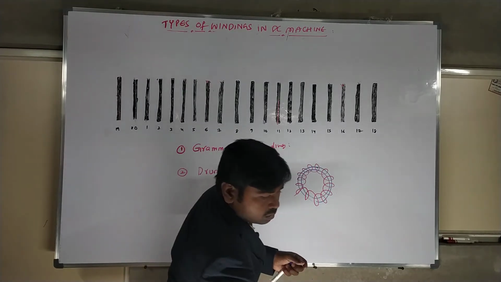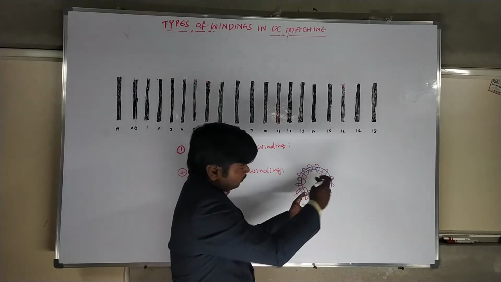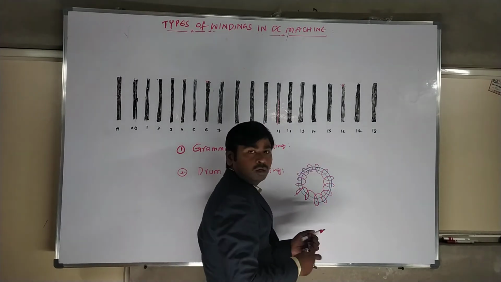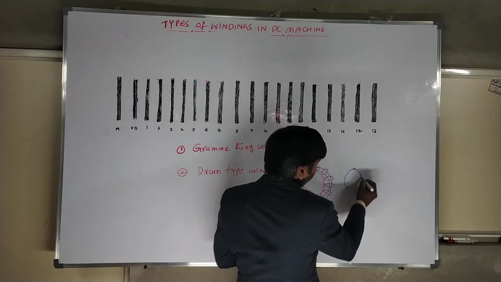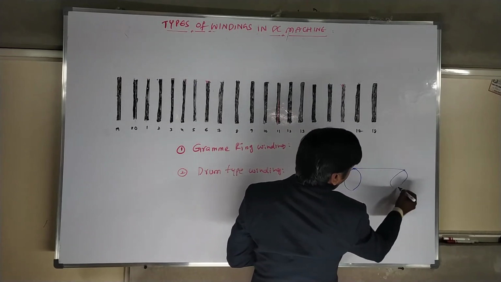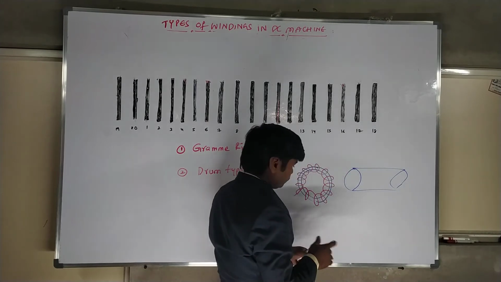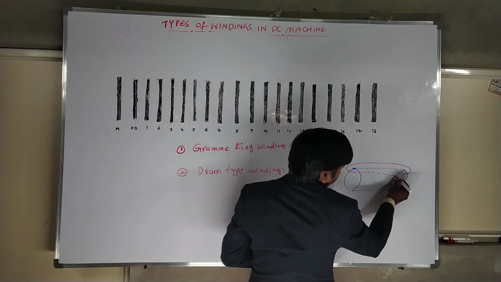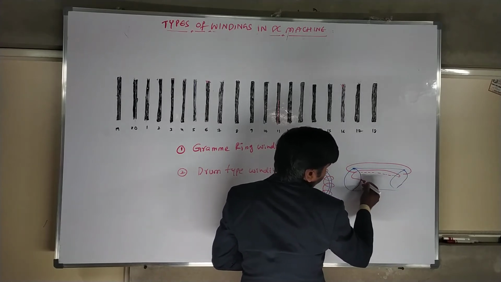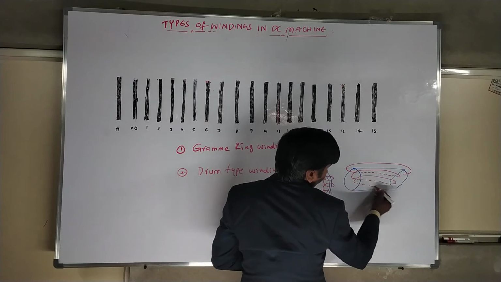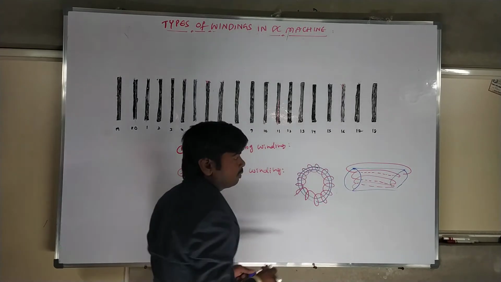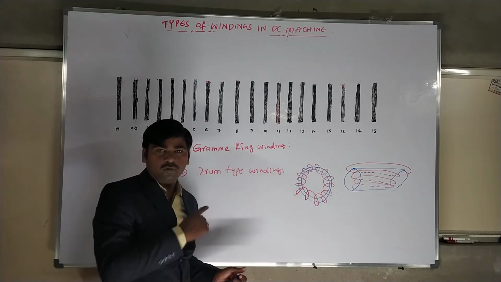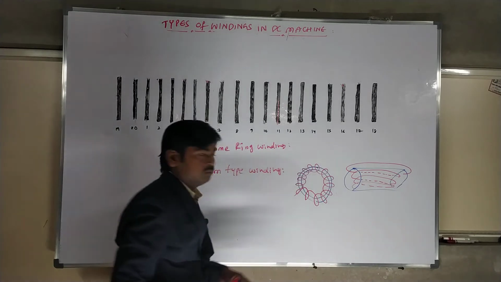This is a cross-sectional view. Now in the side view of a Gramme ring winding, the winding goes like this, comes like this, inside and outside, all windings in and out. This type of winding is a Gramme ring winding. Presently we are not using Gramme ring winding.